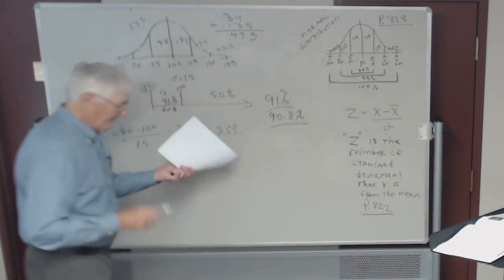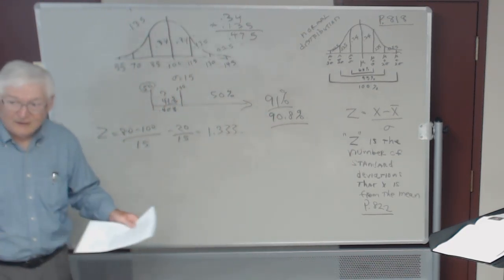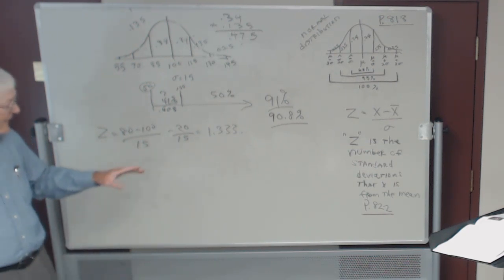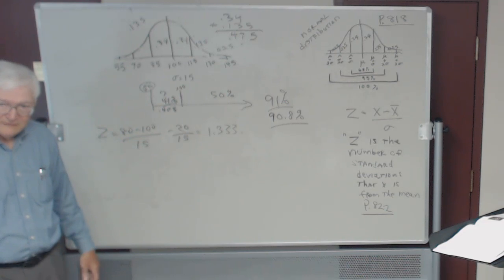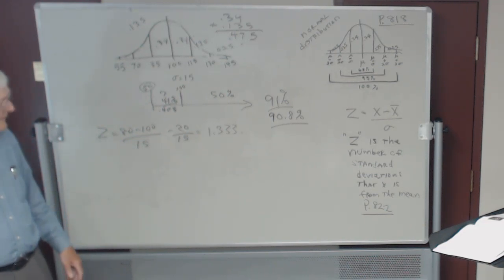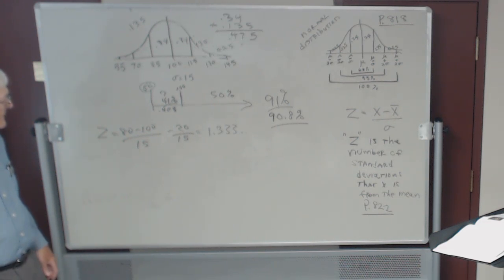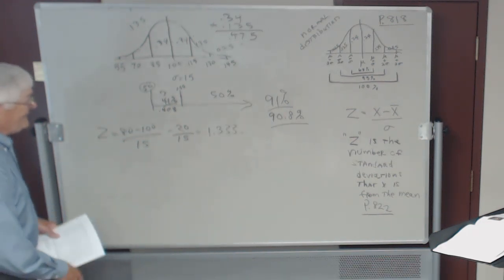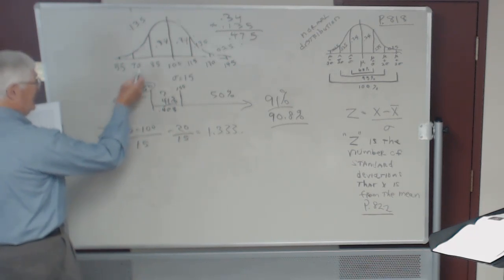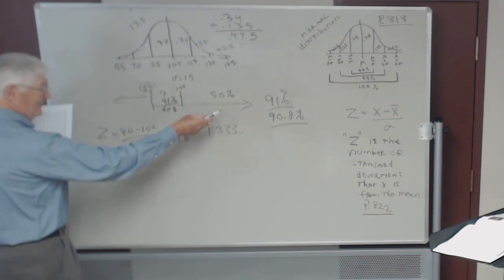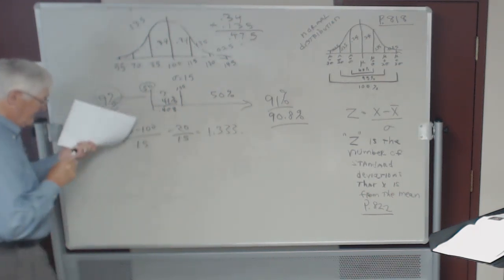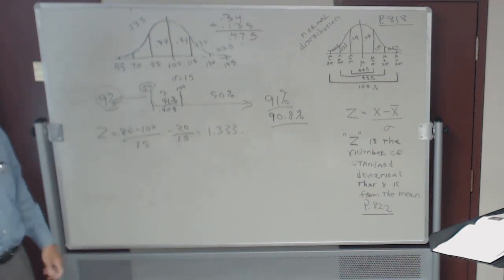So if I'm close to their answer, I'm not going to think I missed it. It's just a matter of I rounded off and they didn't. So the people who scored below 80 would be 100 minus 91, 9%. 9% scored below 80.